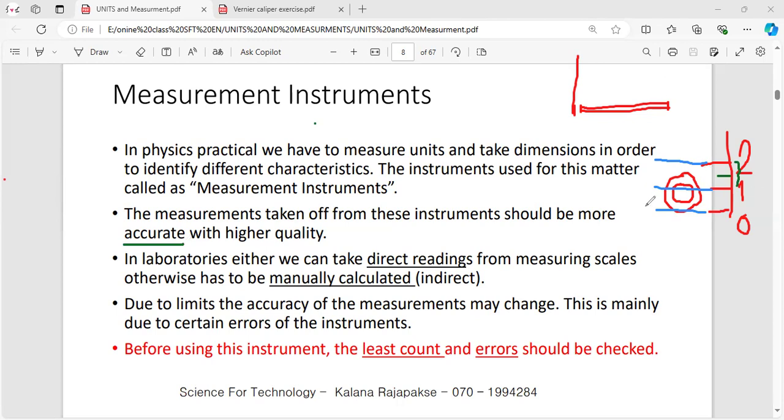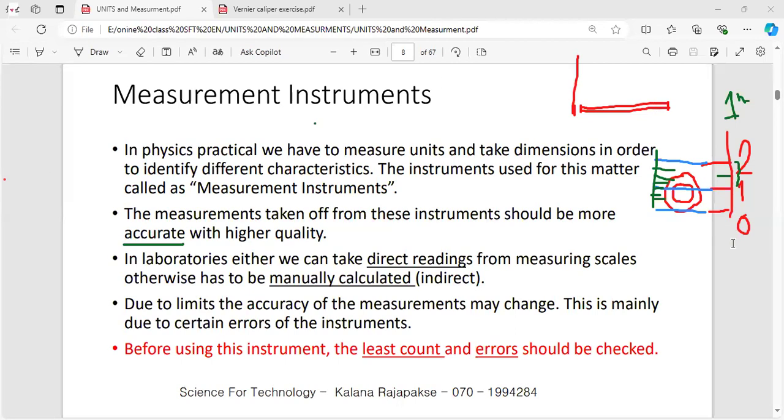So in this kind of case, we can use a micrometer screw gauge, which has more scales, which means the least count of that instrument is much finer. For the meter ruler, the least count is 1 millimeter.